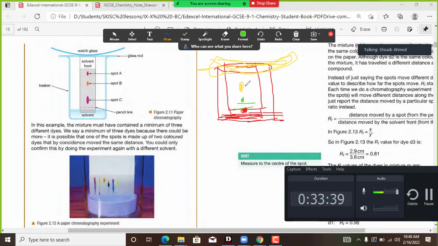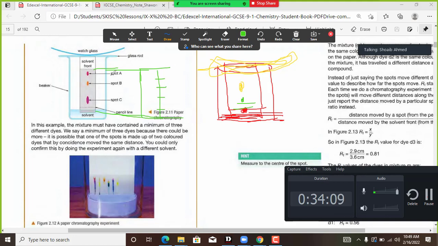two colors. We'll measure these things by pencil, like this distance, the solvent distance from the bottom to the solvent front, by scale. You put the scale here and read it: 1 centimeter, 2, 3, 4, 5 centimeter.